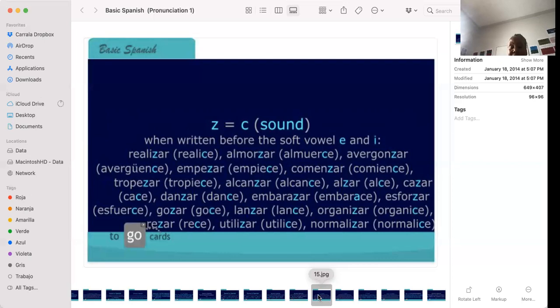Because now when the AR takes on the ER ending, you're going from a hard vowel, A, to the soft vowel, E. So you have realizar, and when the ending is either an E or an I, it's realice.